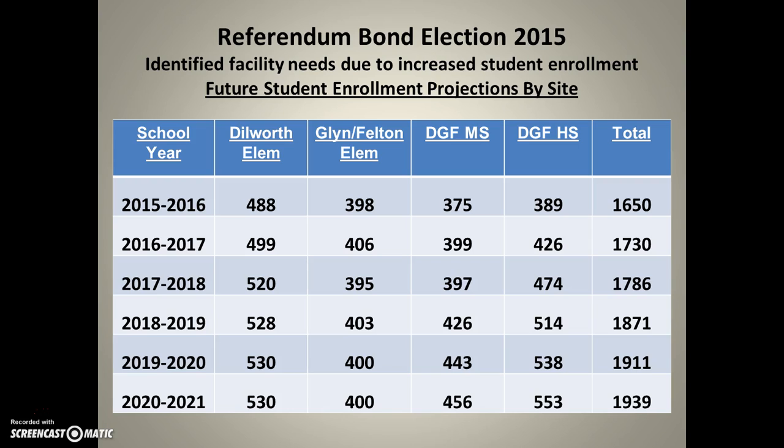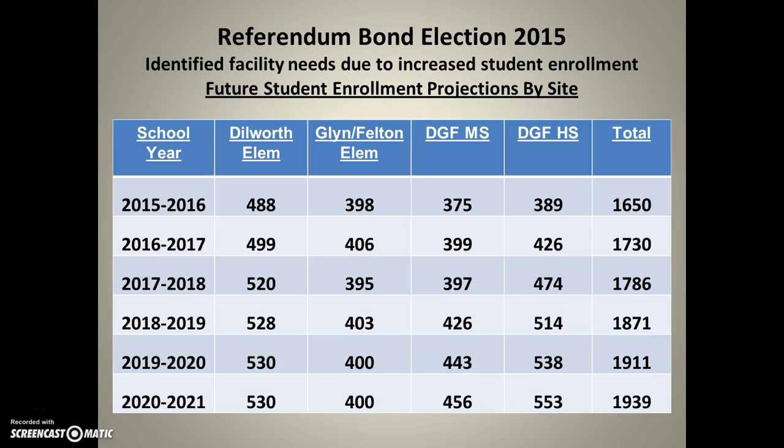The way it will look at each of our sites, Dilworth Elementary and Glendon Felton Elementary, we're not projecting large increases. We think we'll be fairly stable in the 150s in our elementary over the coming years.